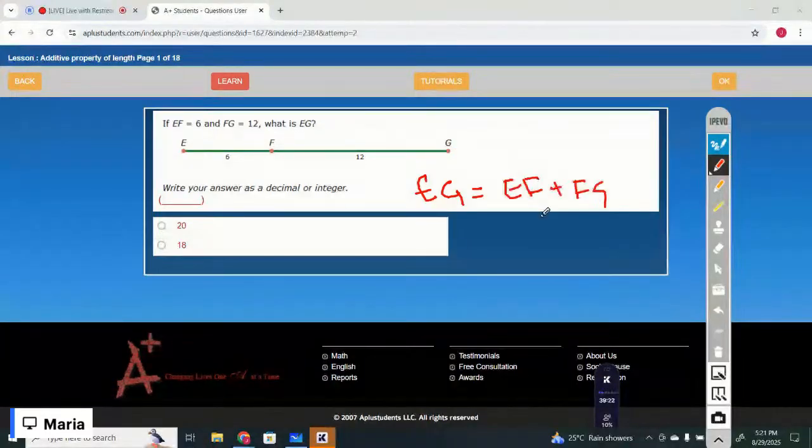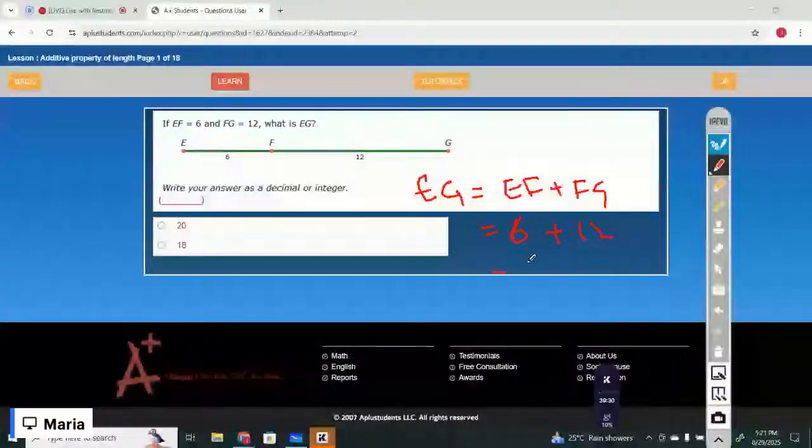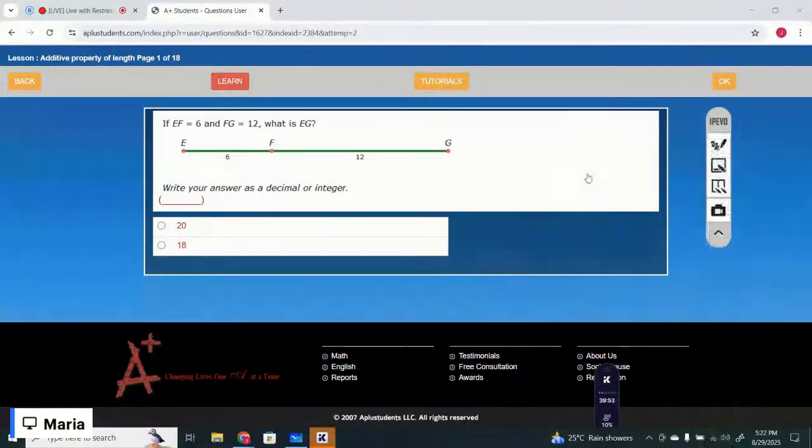EF equals 6 and FG is 12. 12 plus 6 equals 18. Option number 2 is the correct option.